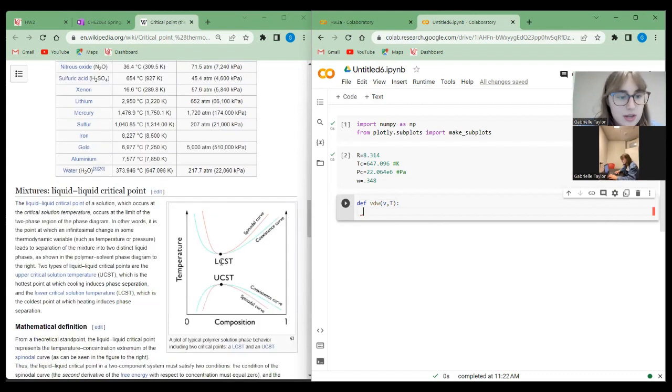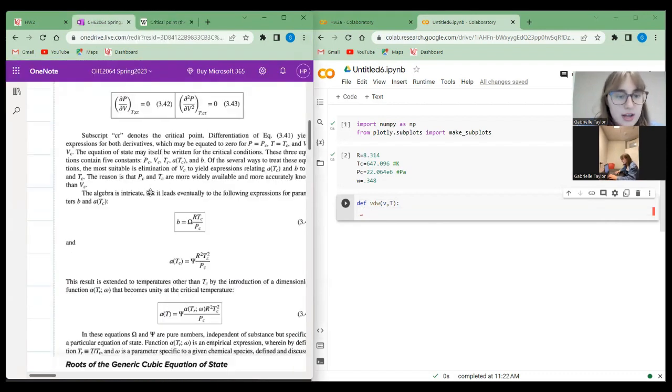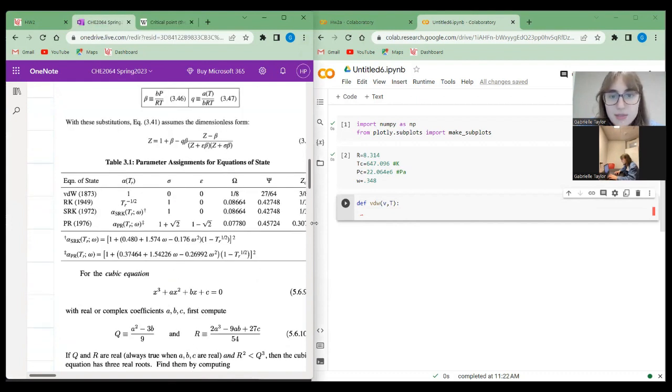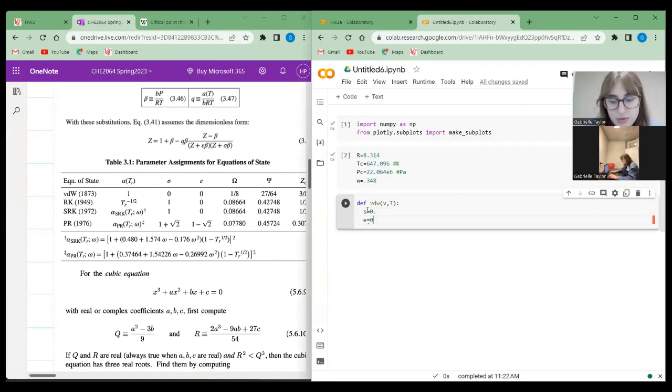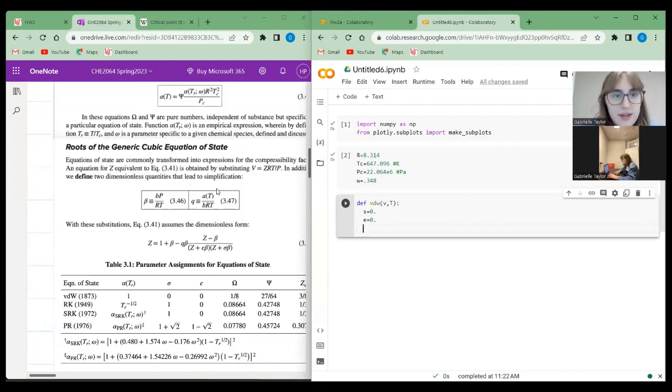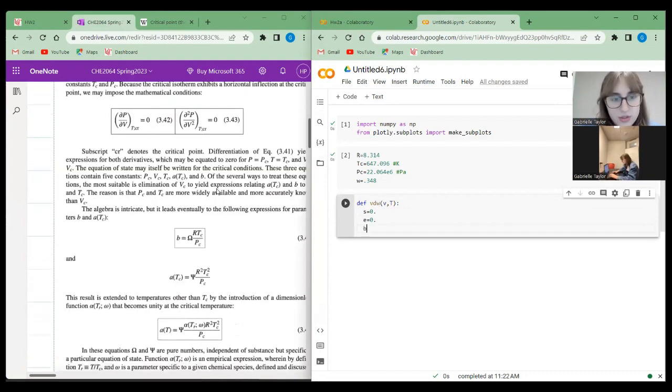So the first thing we want to do is go back over to here. It will tell us what our sigma and our epsilon are. So sigma is going to equal 0, and our epsilon is going to equal 0. And then, like we derived for our van der Waals equation, B is going to be 1/8 times R times TC divided by PC.